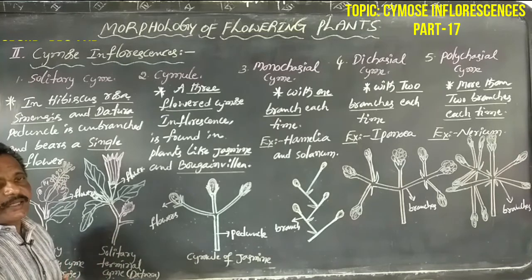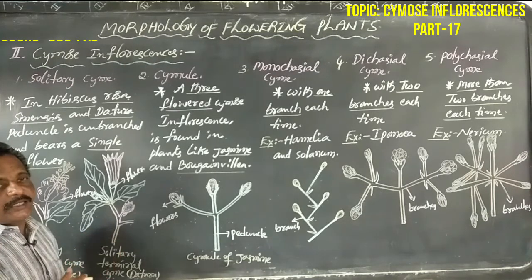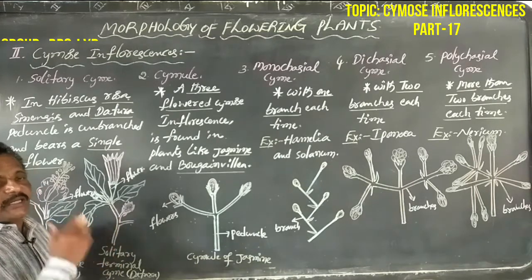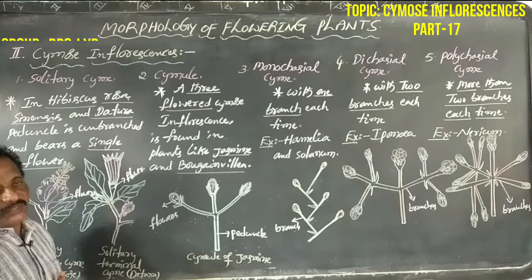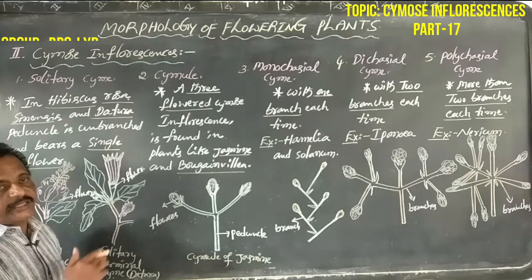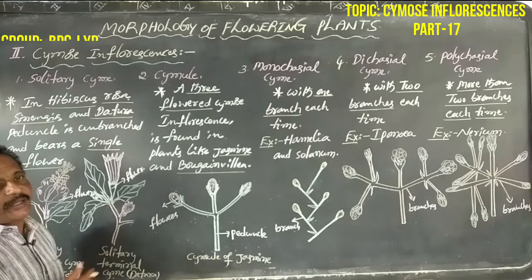But here in cymose type of inflorescences, the peduncle is of limited growth. Why? Because the peduncle terminates in a flower, the end of the peduncle is a flower, and the flowers are arranged in basipetal order or basipetal manner.